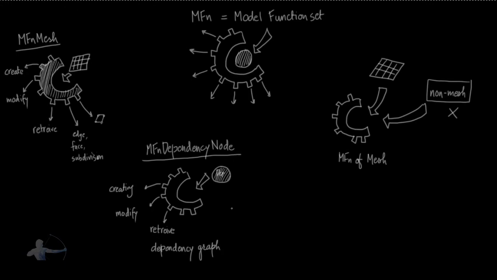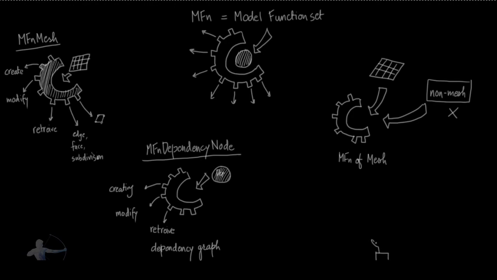And also, when we provide these function sets with the input, we would not directly give them a mesh or a node or attribute or anything else. The two usual ways of providing the inputs to the function sets are MObject and MDagPath.